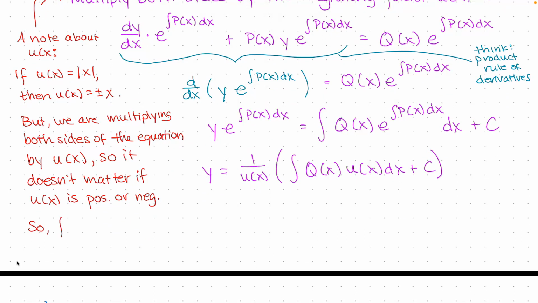So, for convenience, we just use u of x would be x, or whatever the thing is in the absolute value. Just drop the absolute value, we don't need it.